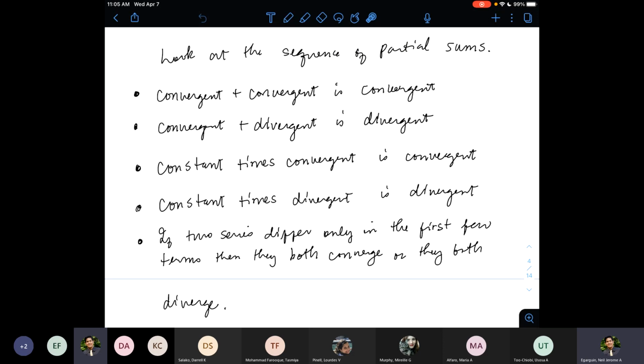Convergent minus divergent, or the other way around, is divergent. A non-zero constant times a convergent series is convergent. A non-zero constant times a divergent series is divergent. And if two series differ only in the first few terms, then they will both converge or both diverge.